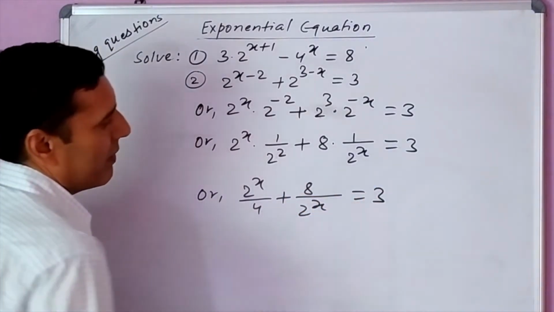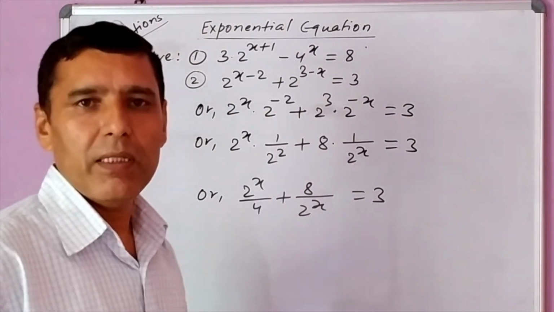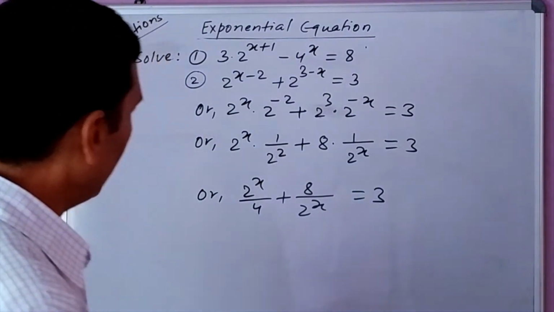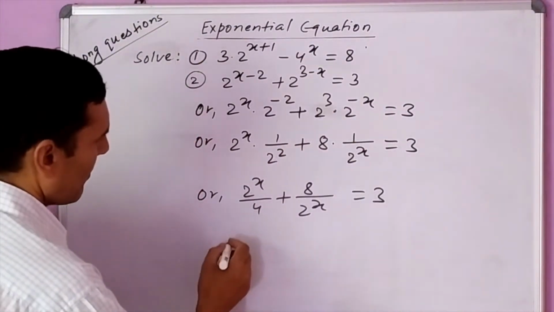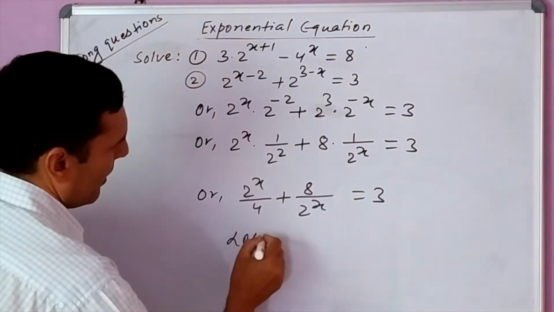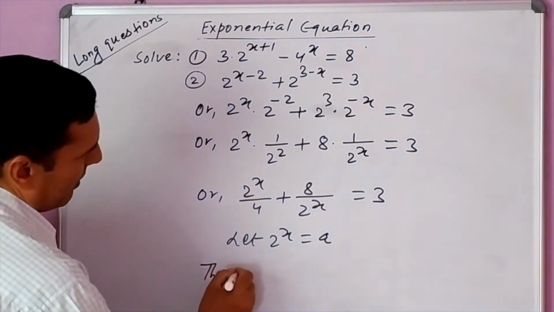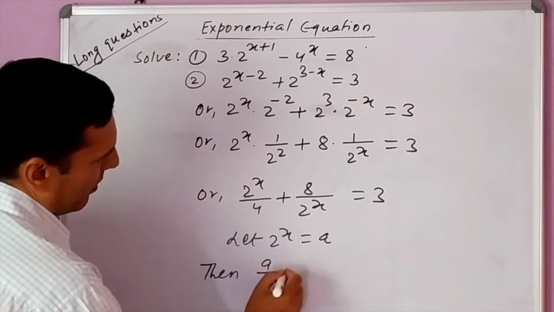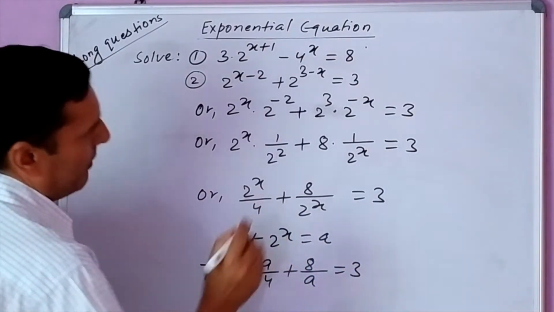Now after this, it will be easier for us if we suppose 2 to the power x is equal to a, like in the previous number. I am supposing here also a, 2 to the power x is equal to a. Then our equation becomes a upon 4 plus 8 upon a is equal to 3.